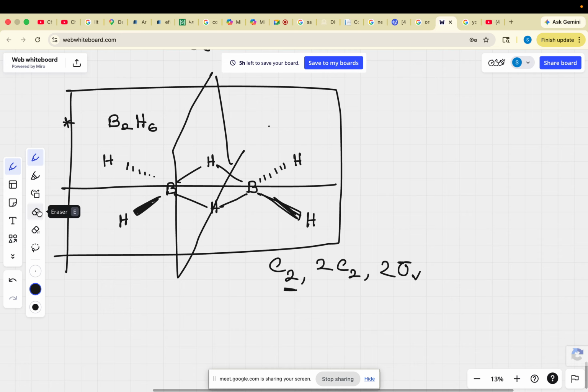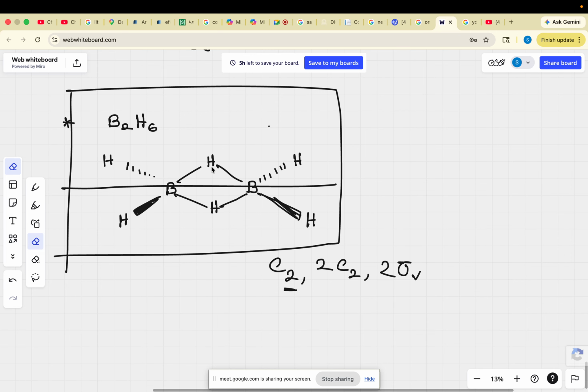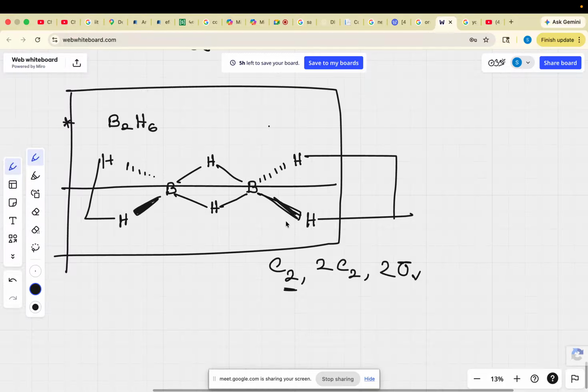Sorry, yes, this is one sigma v, and another sigma v will be like this, containing these hydrogens. Above the plane you have hydrogen, below the plane you also have hydrogen.